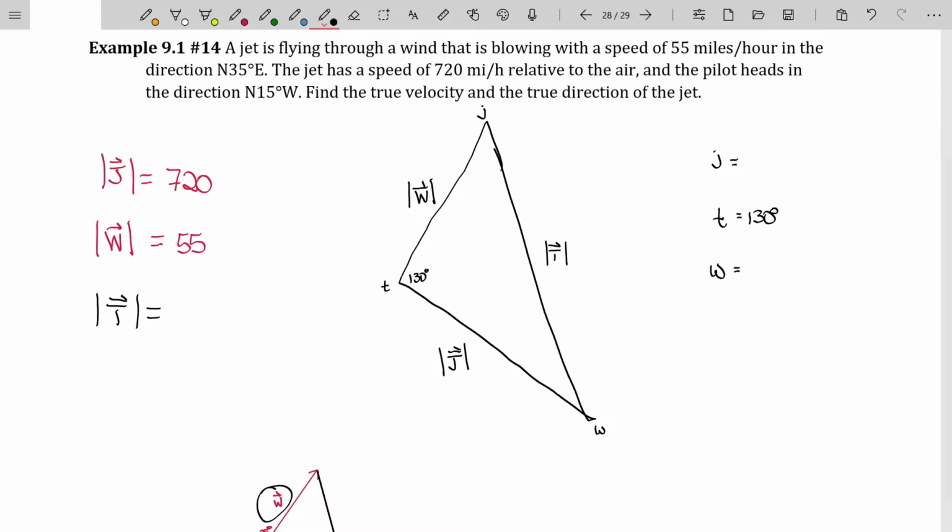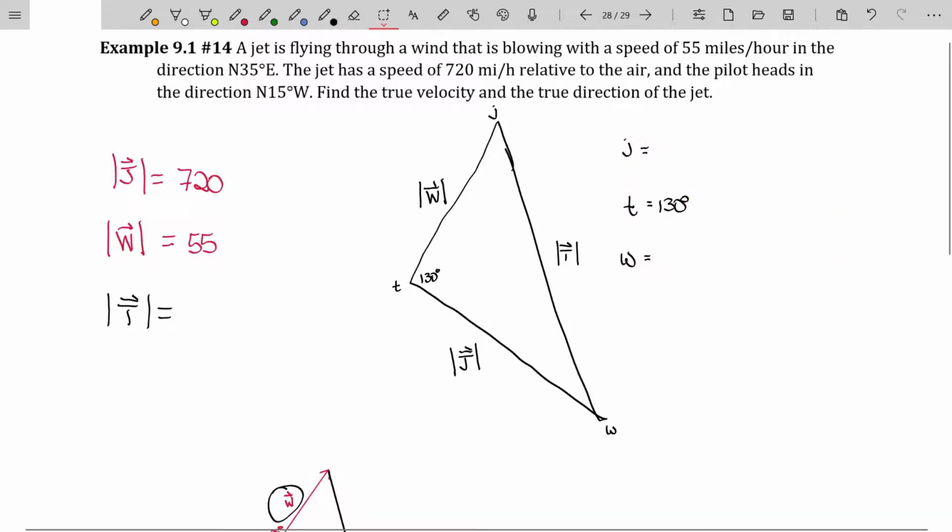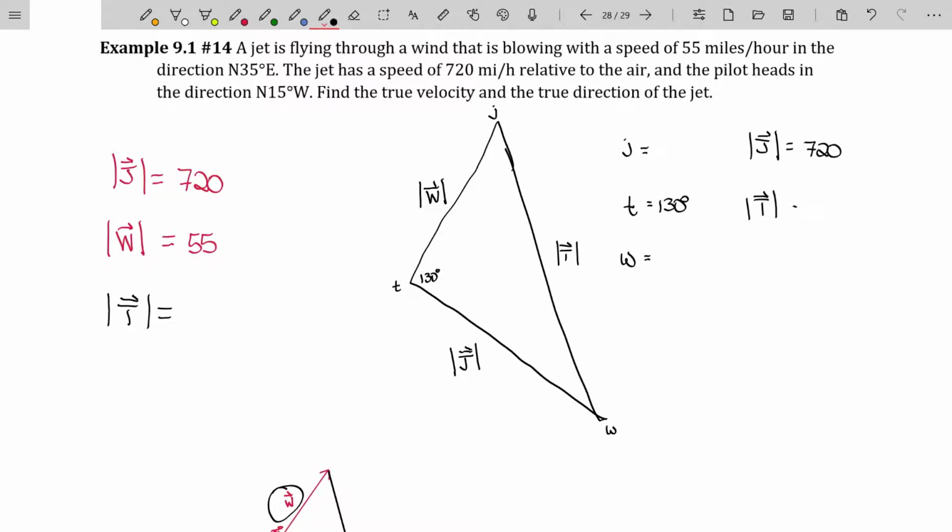And let's list out the corresponding sides. Let me scoot this up because I need a little bit more room here. Side J, we know that's the jet speed, 720. Side T is what we want to find out. We don't know that. And then side W is the wind speed, and we know that's 55. Notice we do not have a complete row, so law of cosines is the way to go here.